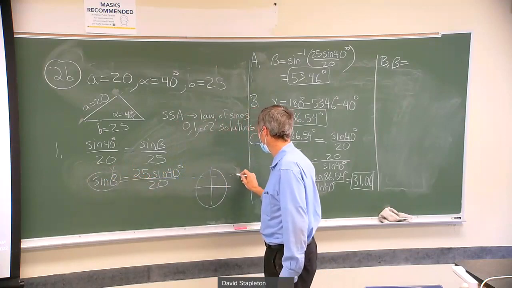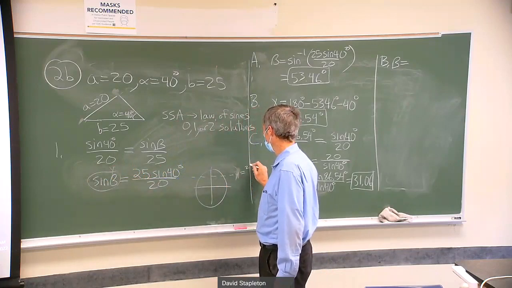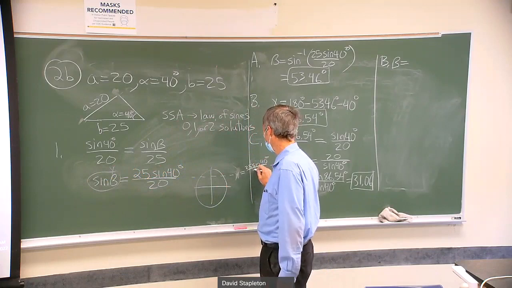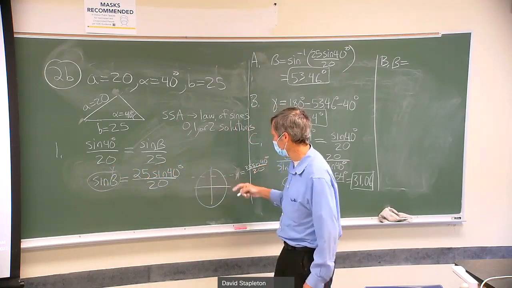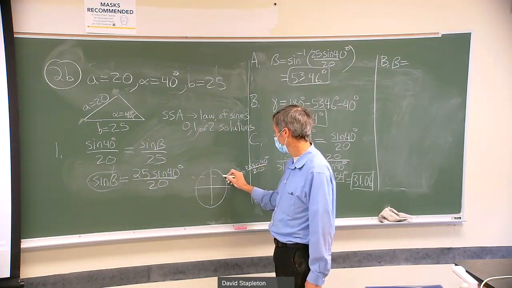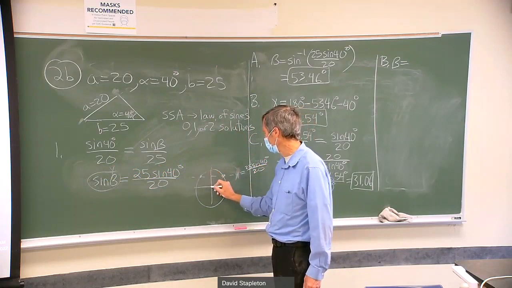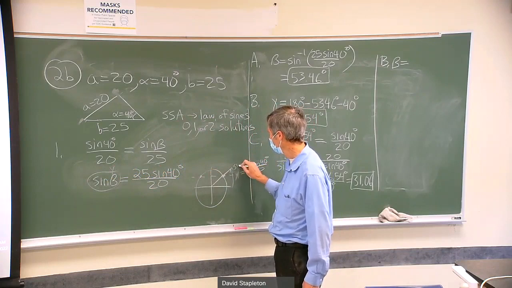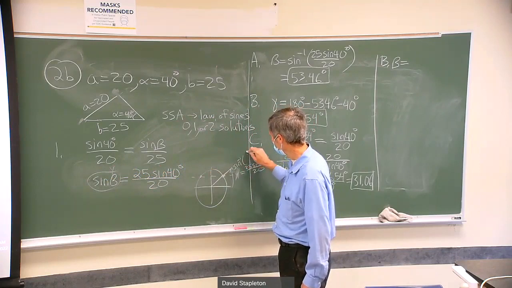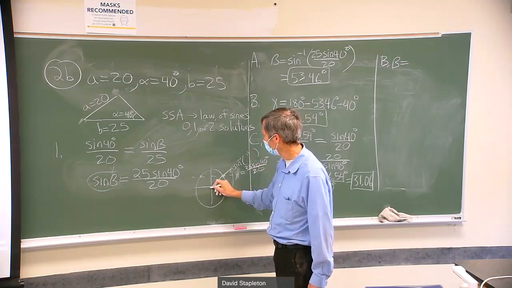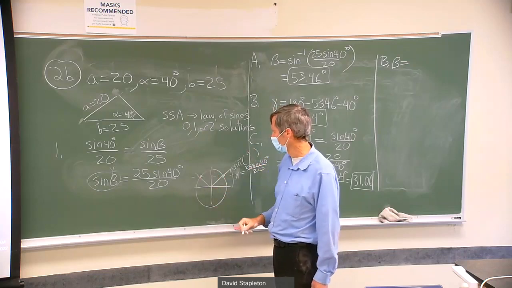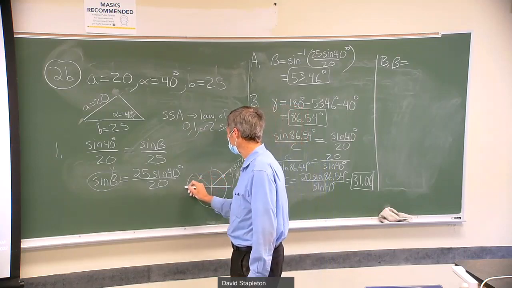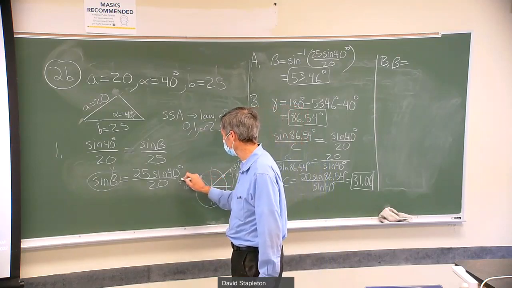So if I put the y coordinate equals 25 sine 40 degrees over 20, maybe that's the value sine is supposed to take on. Then there's 2 solutions, this one, and this angle here will be the arc sine of all this stuff. What's the other one? You need to know this for the test. 180 minus x. There you go, yeah. This by symmetry will be the arc sine of the same.